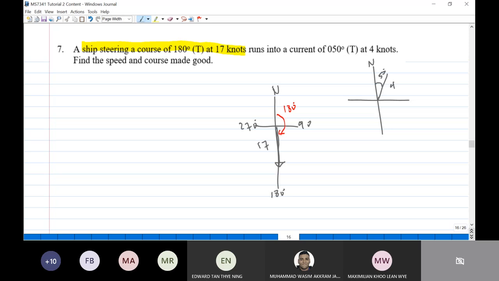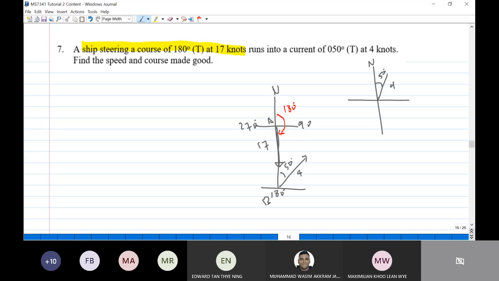So basically, the current is going to here. Let's say this is A here, this is B here, carrying the current 050 degrees, 4 knots.